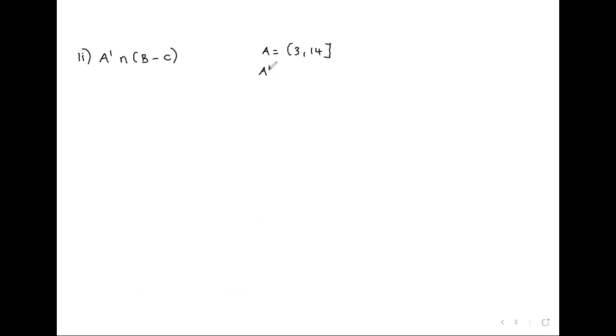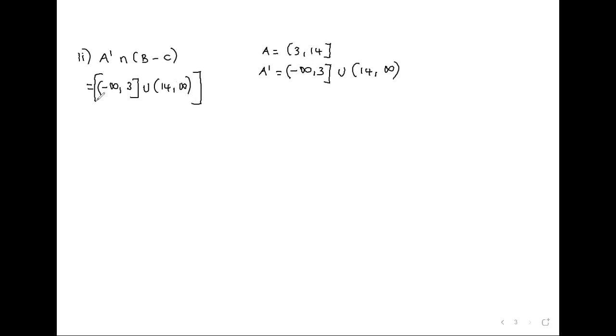So the complement of A is going to be from negative infinity up to 3. 3 is not included in A, so it will be in the complement. Union, we leave out 14 up to positive infinity. Then we get back here and say A complement, which is negative infinity up to 3, union 14 to positive infinity.